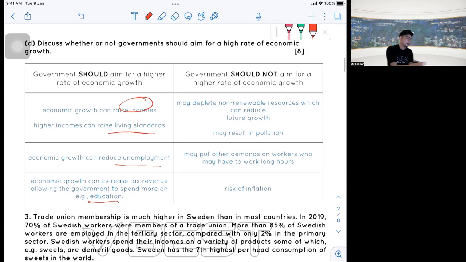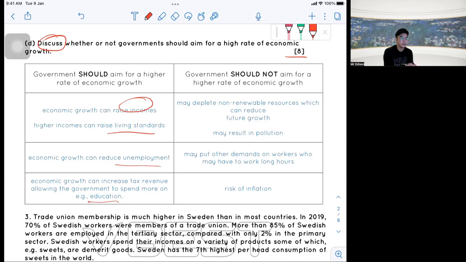So remember, this is a discussed question, so you have to do both-sided answer. It cannot be only one-sided. One-sided, you are only entitled to get like 5 marks max. Okay, I know that some of your teachers tell you guys that, oh, please write evaluation. IGCSE is not as complicated as you guys think.